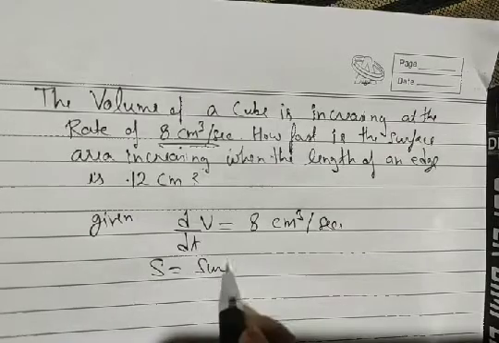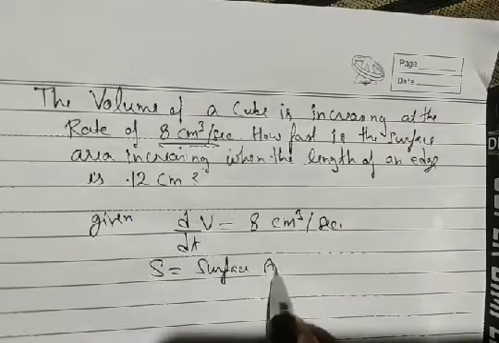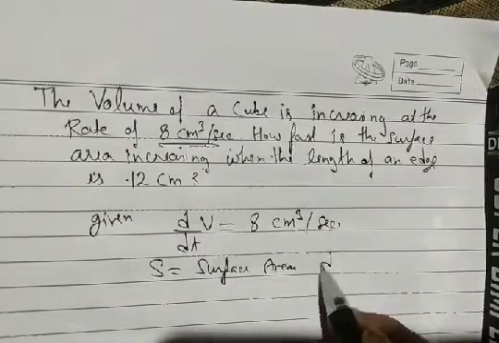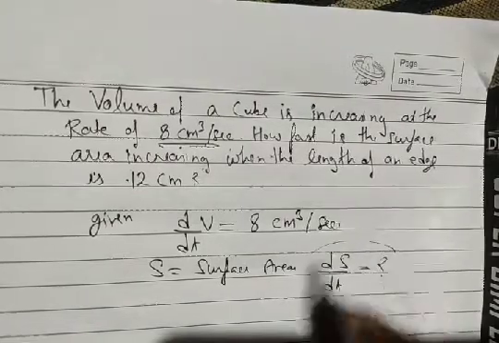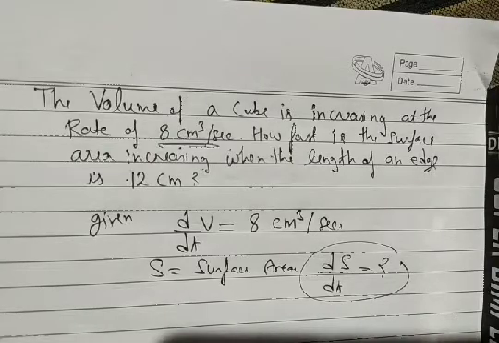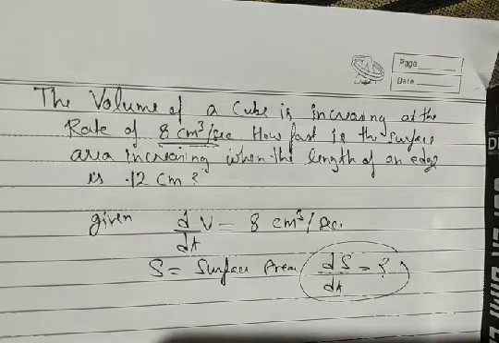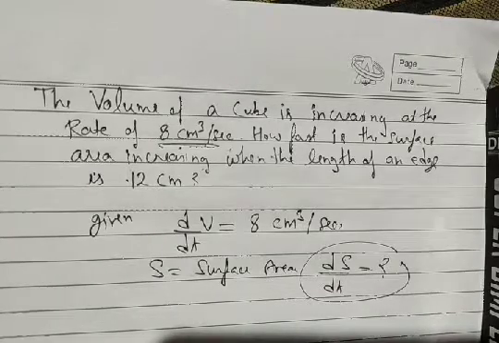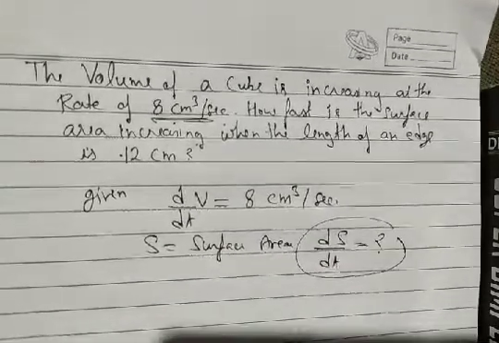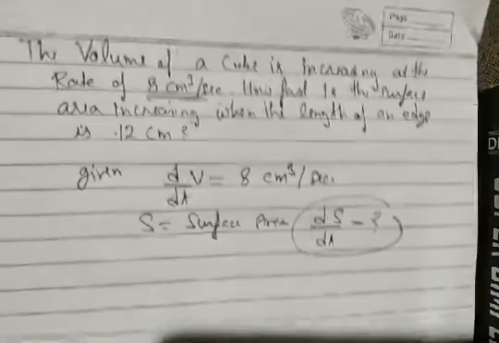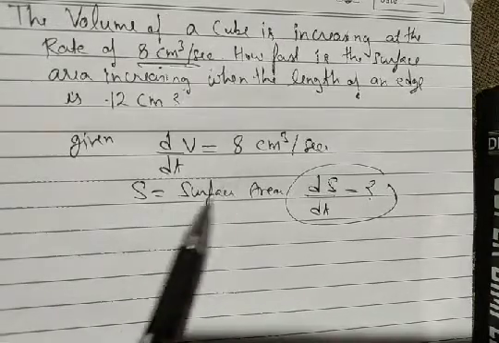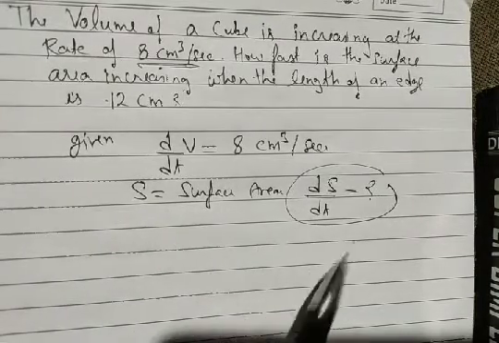Then we have to find dS/dt, when the length of an edge is 12 cm. We have to measure the change in surface area when the edge is 12 cm. Now we have given dV/dt is 8, and we have to find the change in our surface area.